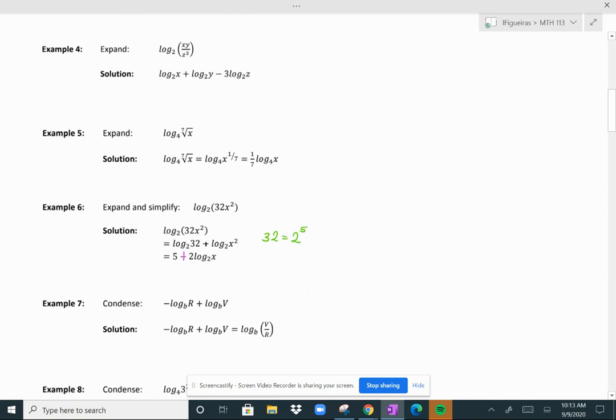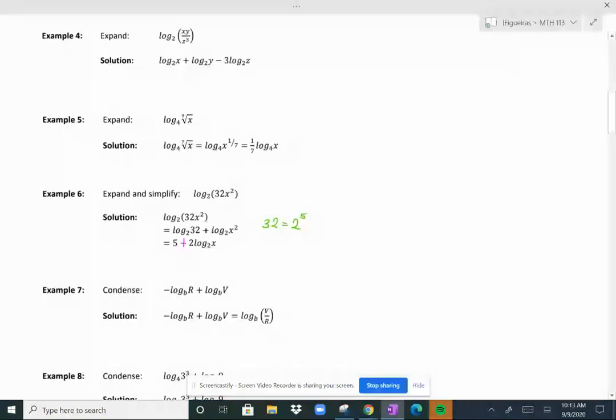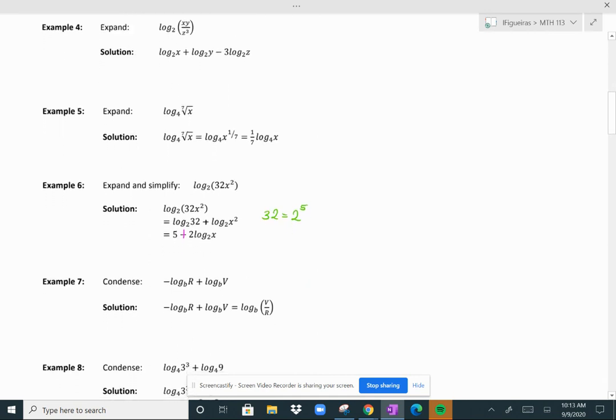All right, so here we have to condense. Condense means you're going in the opposite direction. You're taking the expanded logarithms and writing them as a single logarithm. So how do we get from this to this quotient here? And that's because I have a negative in front of the first one.